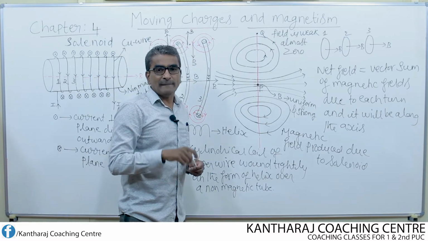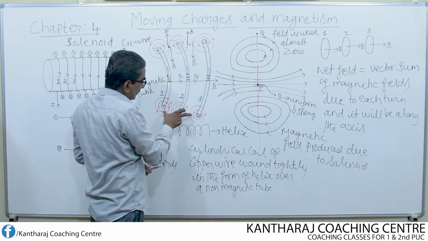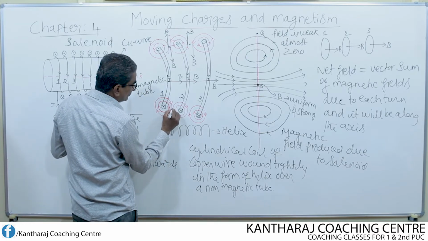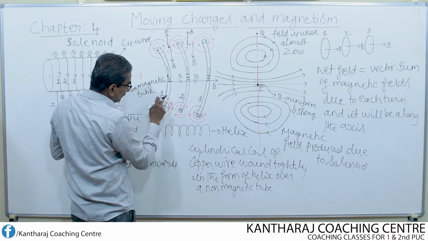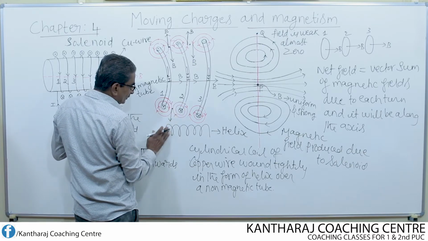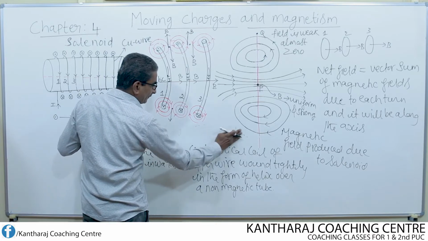So that is why between any two turns, either at the top or at the bottom, the same thing holds good here also. Look here. With respect to turn 1 and turn 2, at this point if I draw one tangent, this will be the direction of the magnetic field.